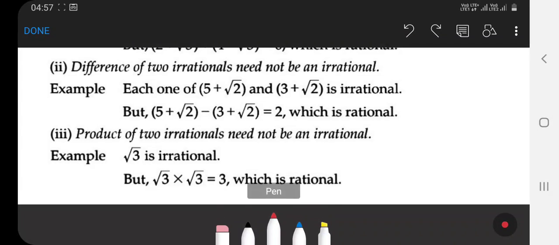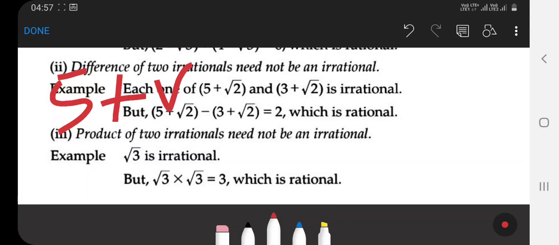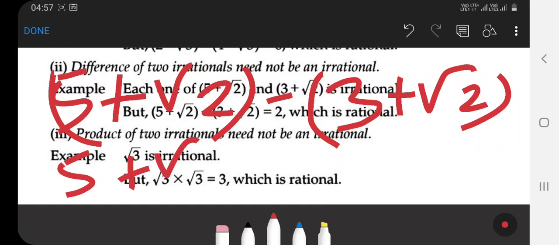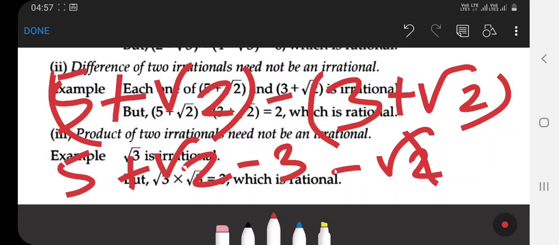Suppose 5 plus root 2 minus 3 minus root 2: the root 2 terms cancel out and the answer is 2.